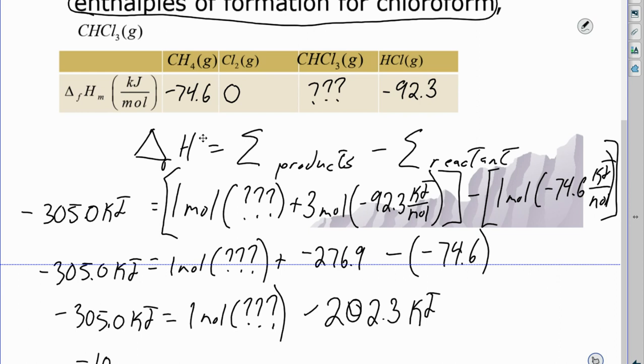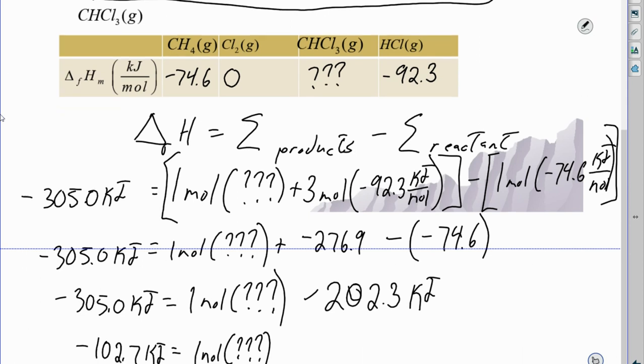Negative 102.7 kilojoules is equal to our 1 mole times our question mark. And then finally, in this case, we're lucky we divide by our 1 mole. It doesn't cause us any grief.